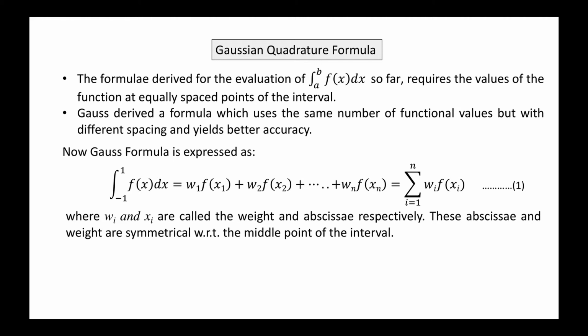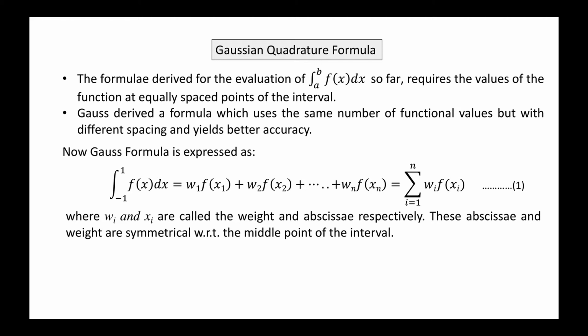Suppose, consider an example where your function is varying smoothly or slowly in a given subinterval, whereas it is varying at a faster rate in another subinterval. So you need more points or more weight for the function which is varying faster in that subinterval, as compared to the subinterval in which the function is not varying too much.